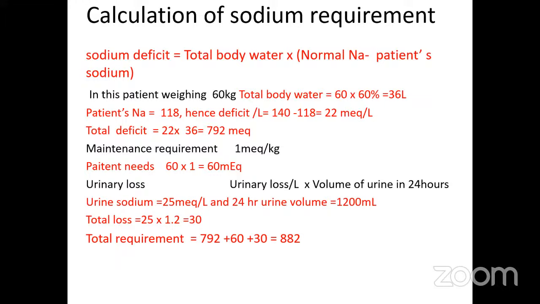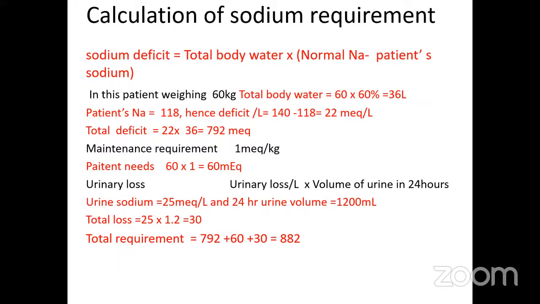The maintenance requirement is 1 milliequivalent per kg. So the patient needs around 60 milliequivalents for that, because the patient is weighing 60 kg. Urinary loss is 25 milliequivalents per liter, and the volume is 1200 ml. So 25 into 1.2 gives you 30. So the total sodium requirement is 792 plus 60 plus 30, 882.